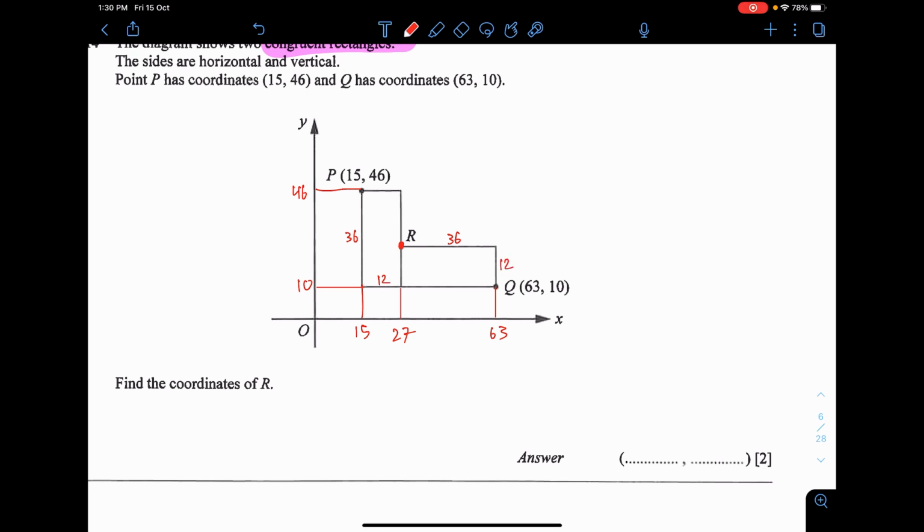To actually get to R, the X coordinate of R must be 27, which is what we got over here. For the height, we already have 10 here, and then I need to add the width of the rectangle, which is plus 12, giving us 22. Because the width of the rectangle is 12, just need to go up by 12 units. 27, 22. You need to show the working by doing the plus and minus.